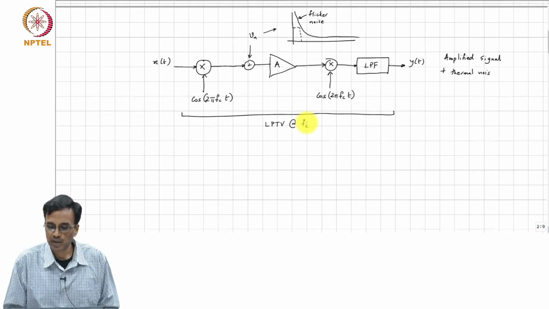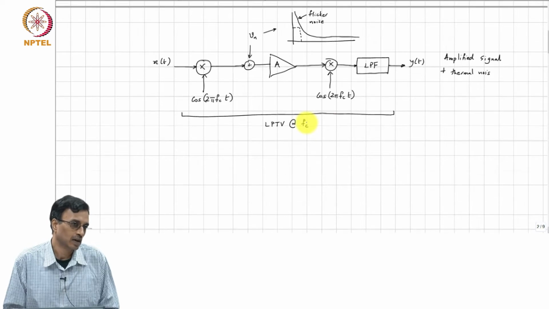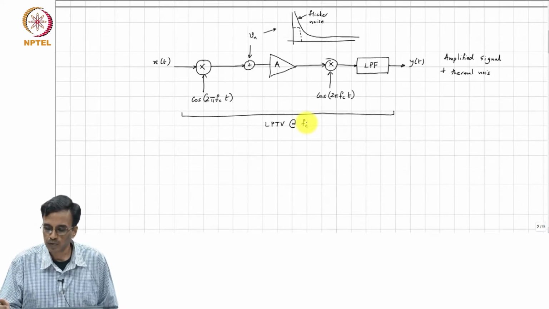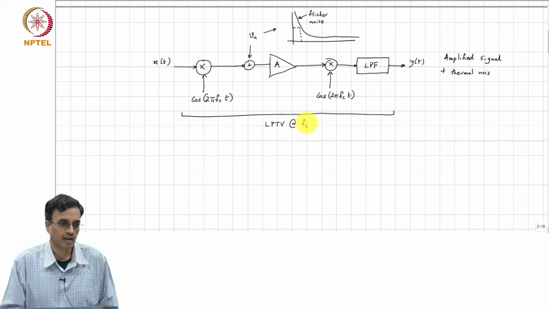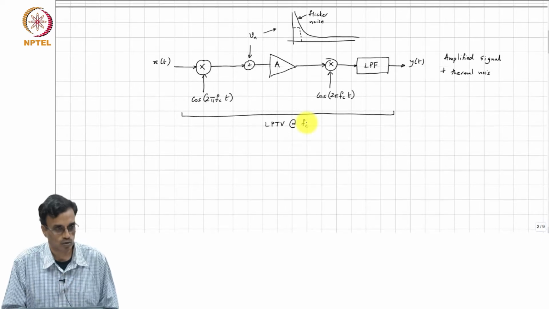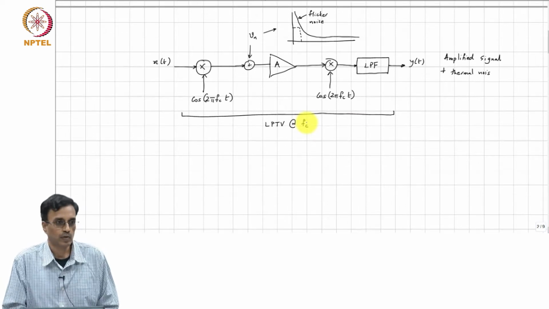As with any LPTV system, there is always the danger of multiple input frequencies translating to the same output frequency. Our output frequency of interest here is simply the baseband frequency, which is close to DC. So, we would like to understand what all input frequencies can translate to baseband.